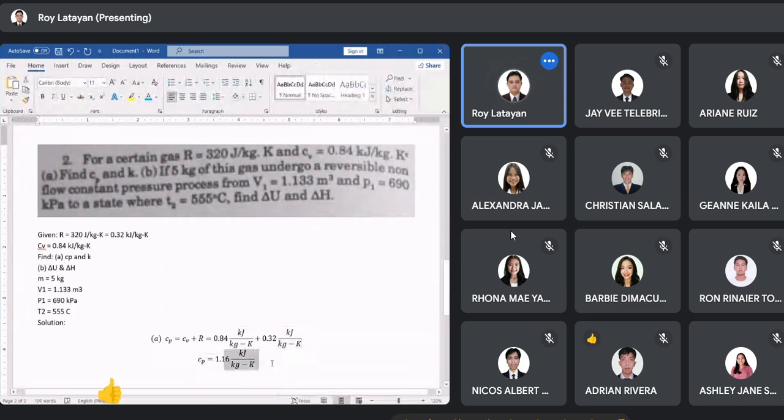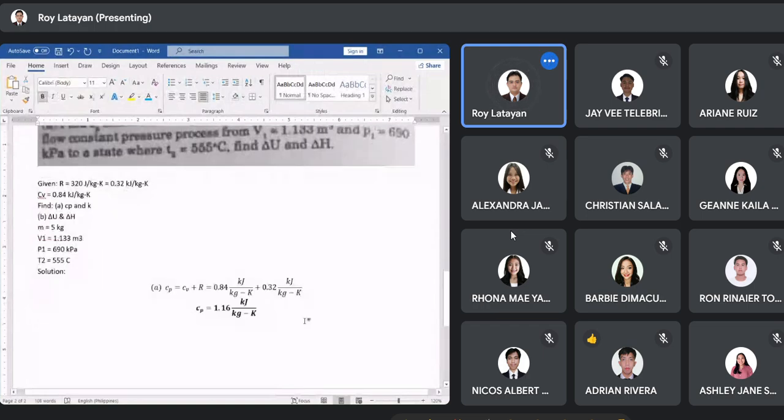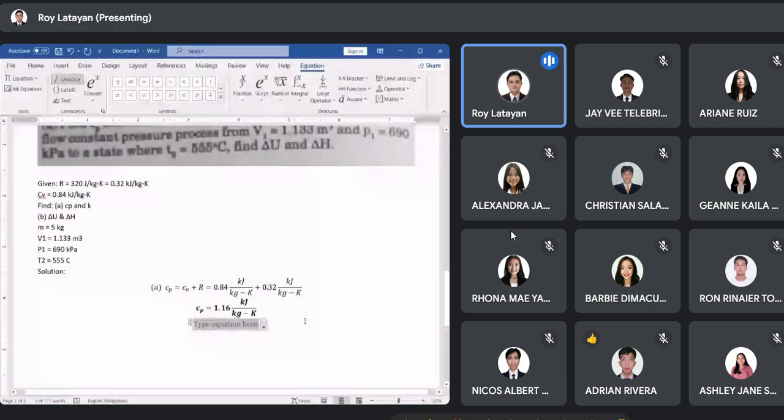So, for the value of k, ang pinaka-basic formula for k is Cp over Cv. So, we already have a value of Cp, 1.16 kilojoule per kilogram Kelvin.